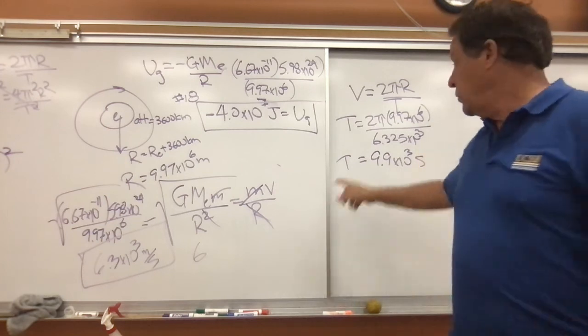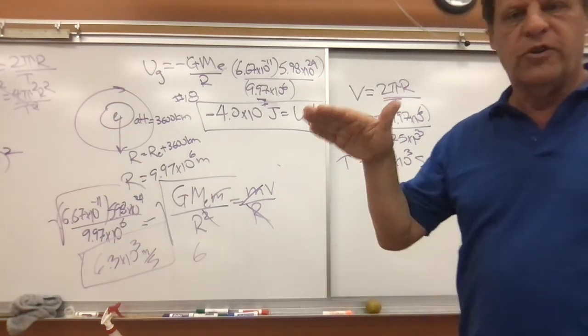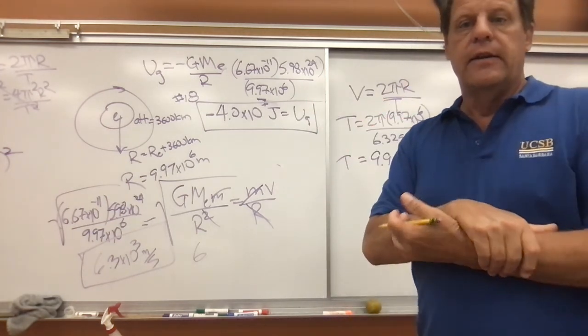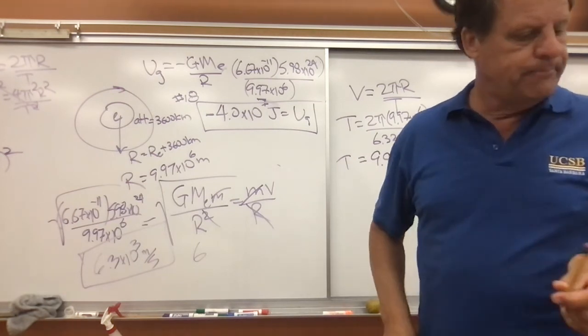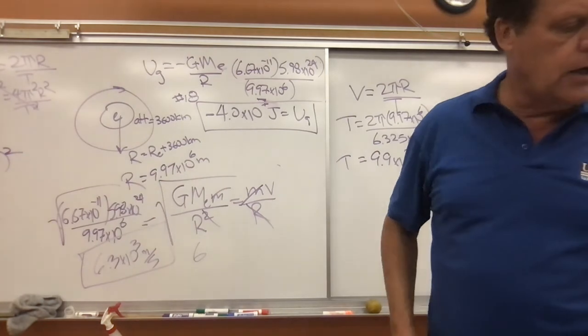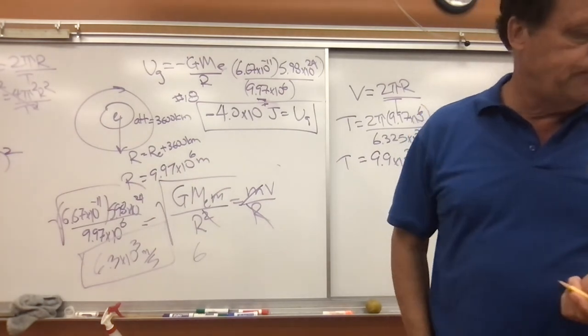So obviously we're at a much smaller altitude, so it would have a period that would be much shorter.